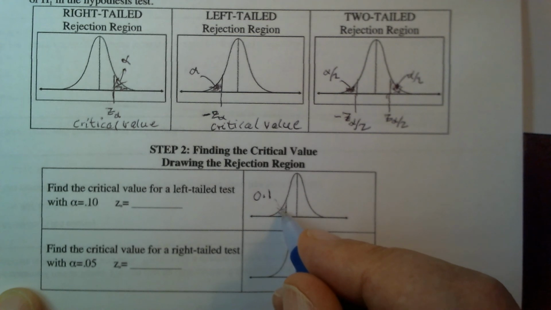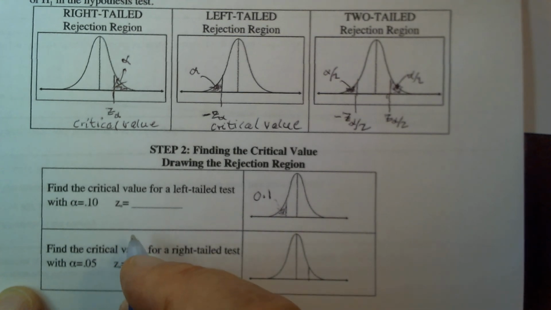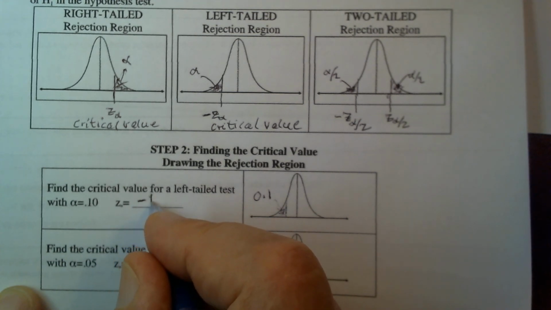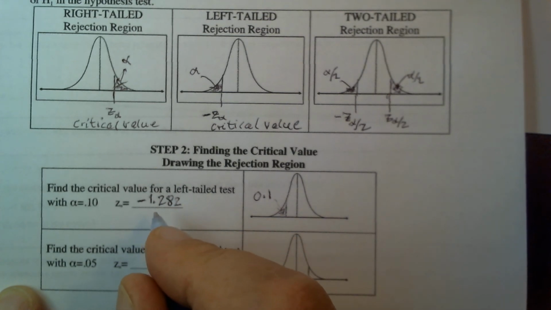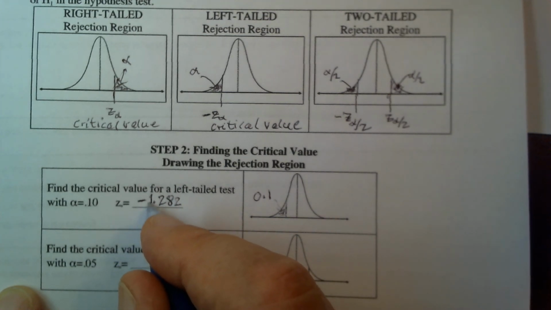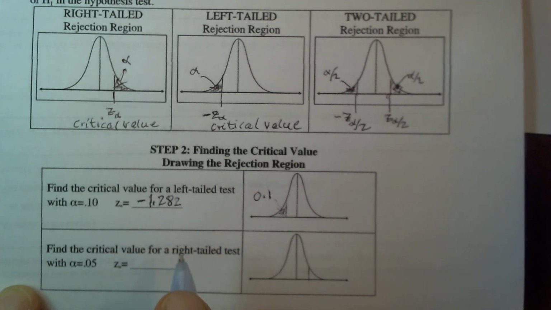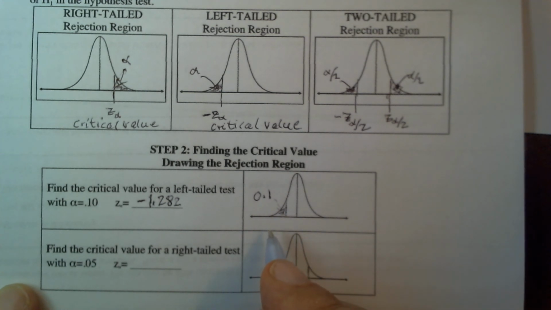So we look at our z-score table for the z-score that corresponds to the area of 0.1, and we find that to be minus 1.282, or you can also use, of course, technology if you prefer that. Either way, that is our critical value for this left-tailed test with alpha being 0.1.